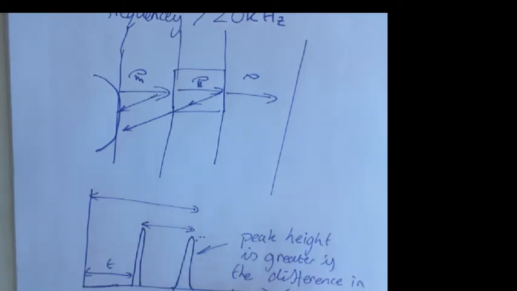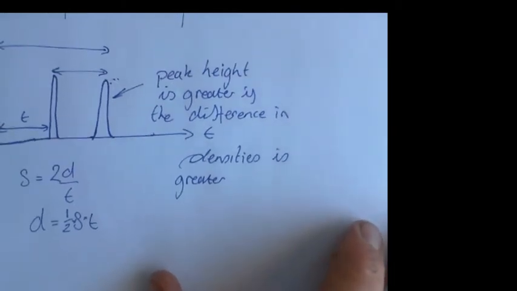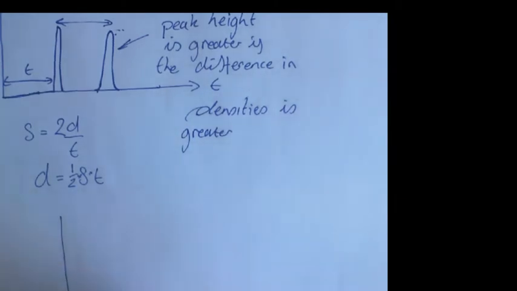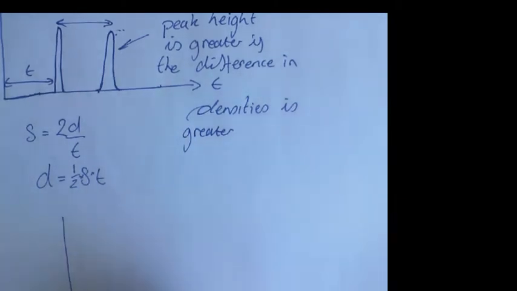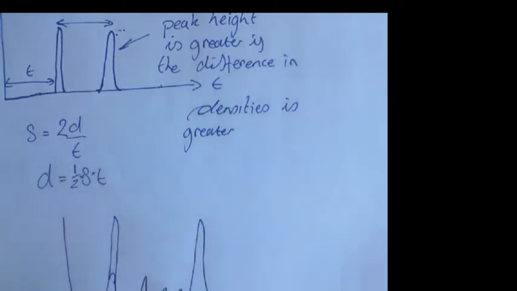So if you received a signal that looked like this, you would know that a wave went in, it got reflected, and the time it took for it to get there and get back is this amount of time from here to here.